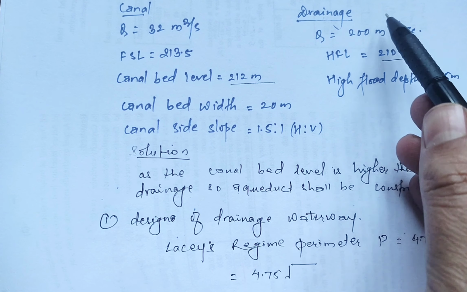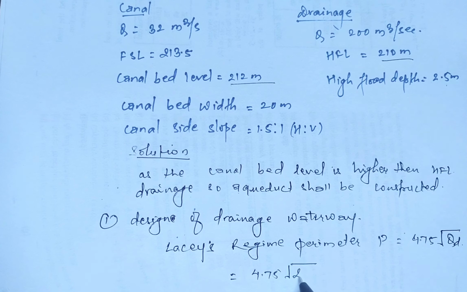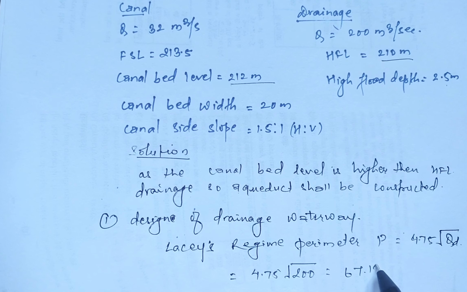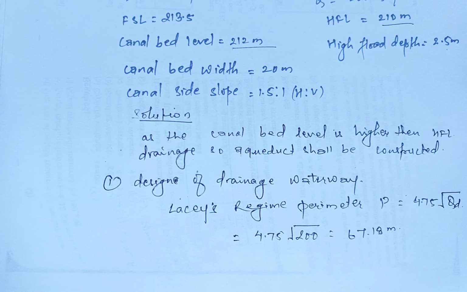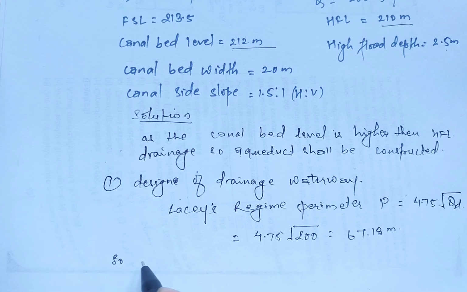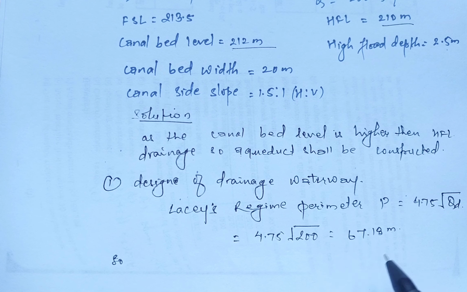The QD is given as 200 meter cube per second. On solving this, we get 67.18 meter. So for this we'll provide 8 clear spans of 8 meter each with a 1.5 meter pier width to pass the discharge of the drainage under this length.